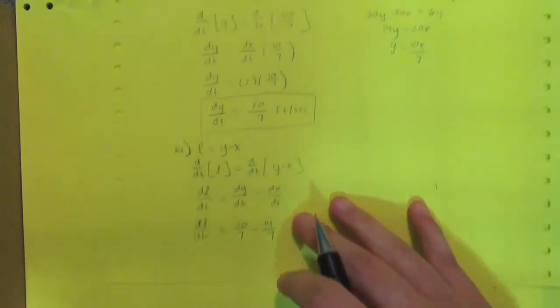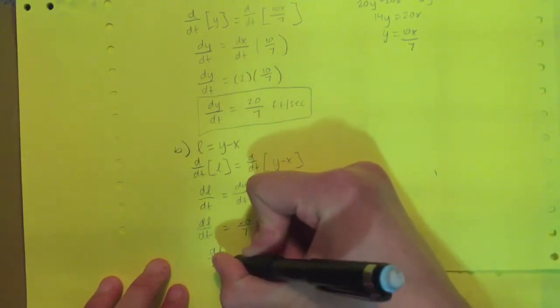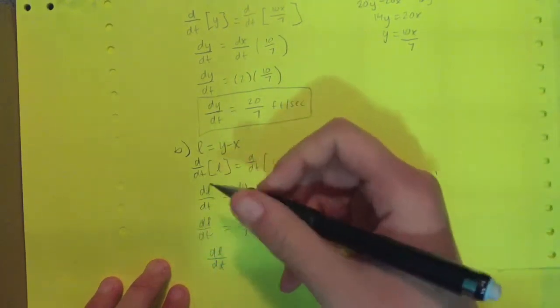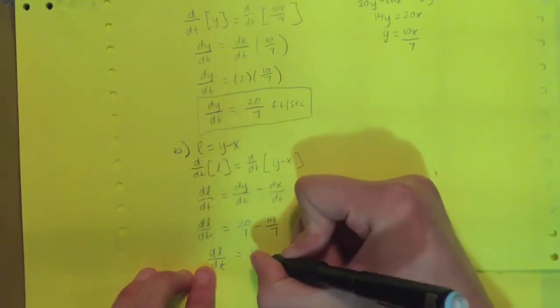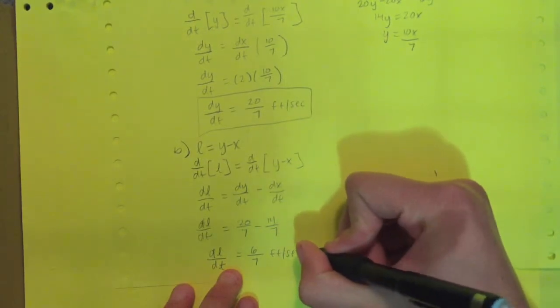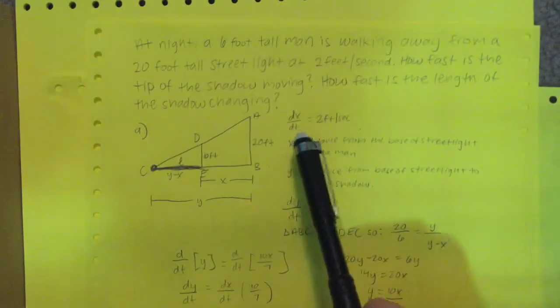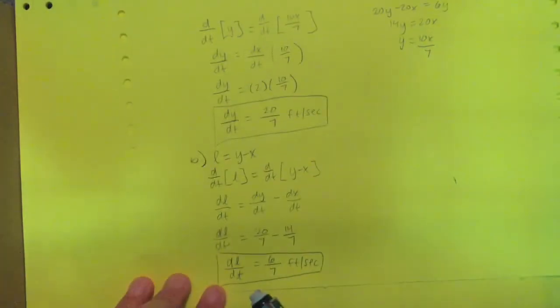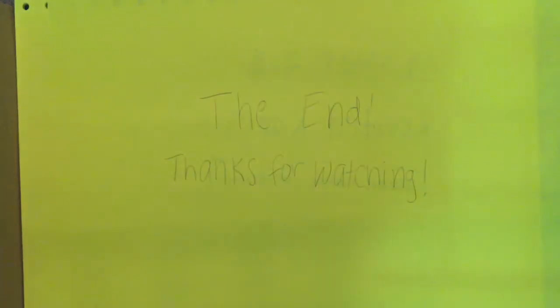That means dL/dt is equal to 6 over 7 feet per second. So how fast is the length of the shadow changing? 6 over 7 feet per second. And that's the end of this video. Thanks for watching.